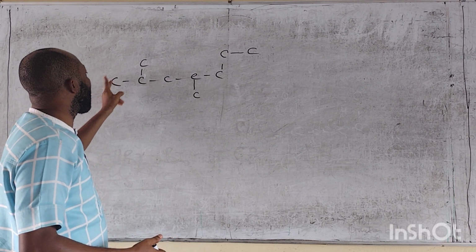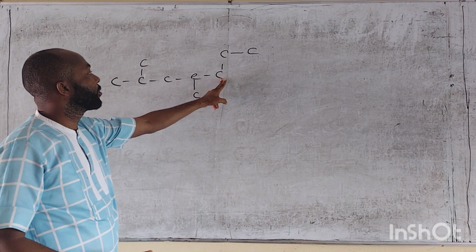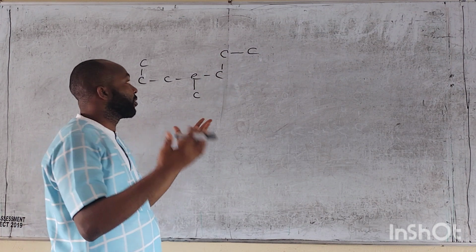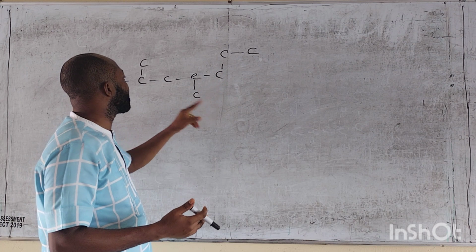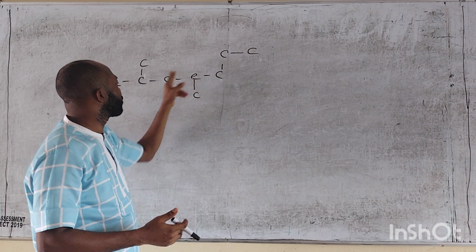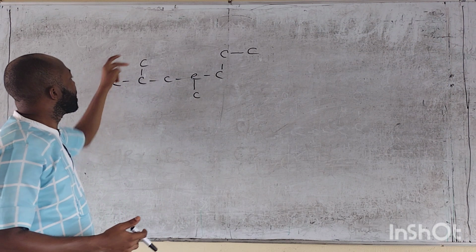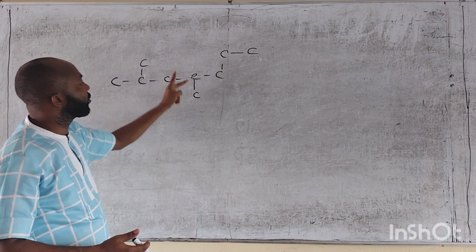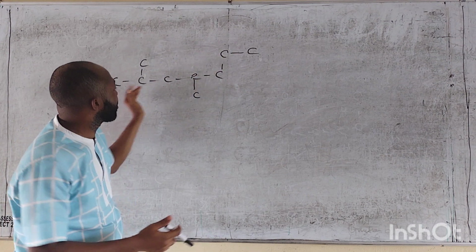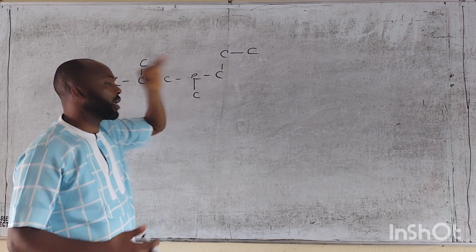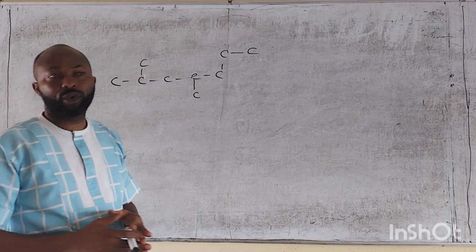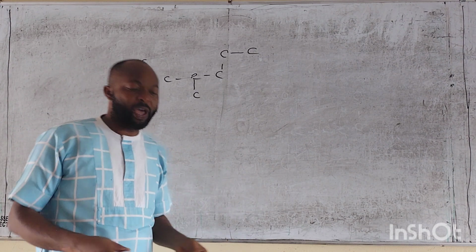From here I have 1, 2, 3, 4, 5, 6, 7. For me, it seems as if it is the longest. If I take this, 1, 2, 3, 4, 5. Either this, 1, 2, 3, 4, 5, 6, 7. So either way, this way or this way, I am good. So that is the first thing you must know to identify your parent chain.